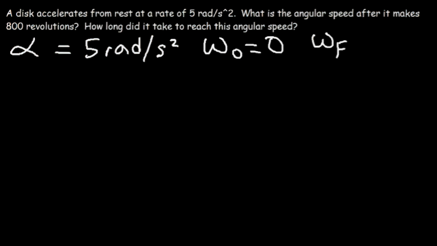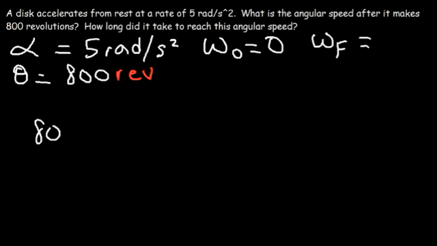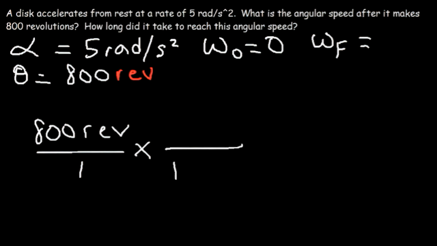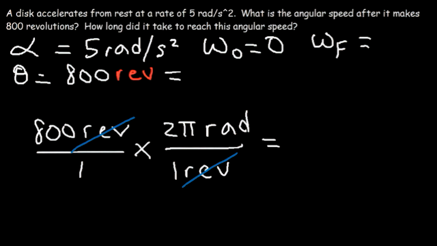We're looking for the final angular speed, and we know that the angular displacement is 800 revolutions. So let's convert revolutions into radians. Now we know that 1 revolution is equal to 2 pi radians, and so the unit revolutions cancel. Therefore, the angular displacement is 1600 pi radians.